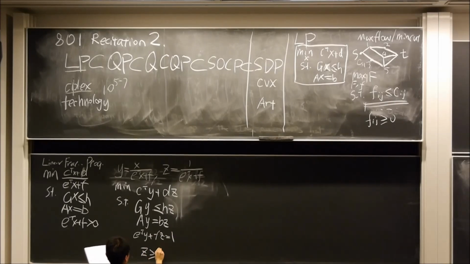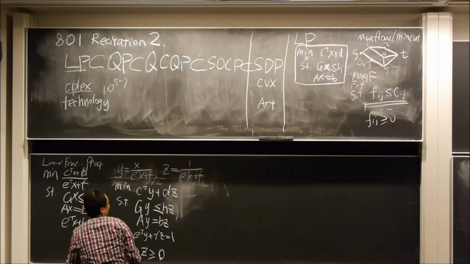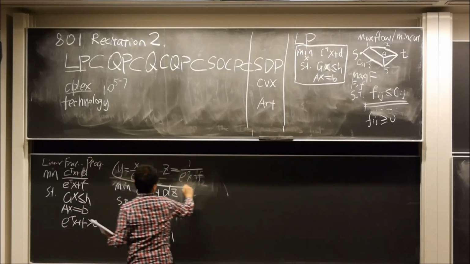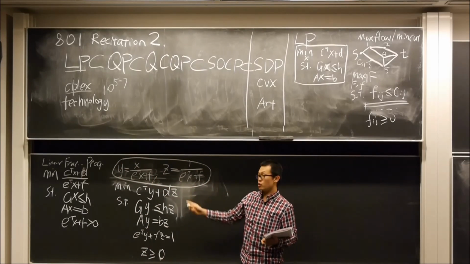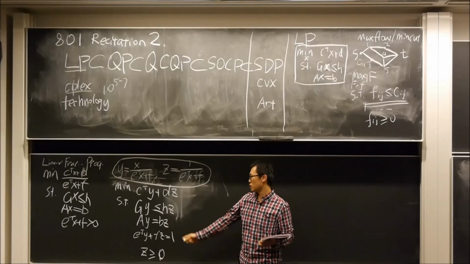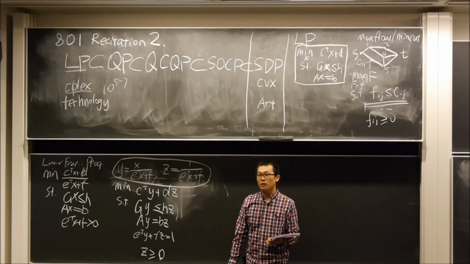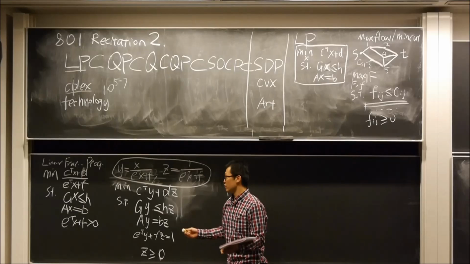Furthermore, they must be greater than 0. So by doing this trivial type of change of variable, we are able to transform a non-convex optimization into a linear program, which can be solved really efficiently.